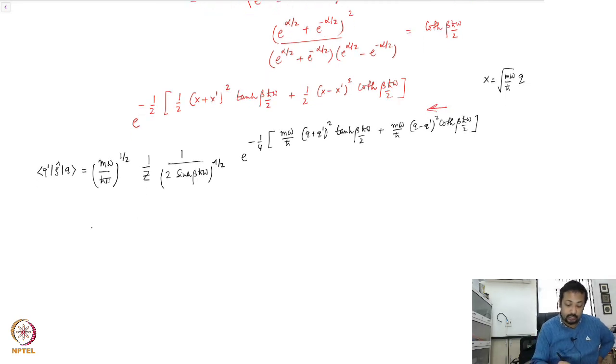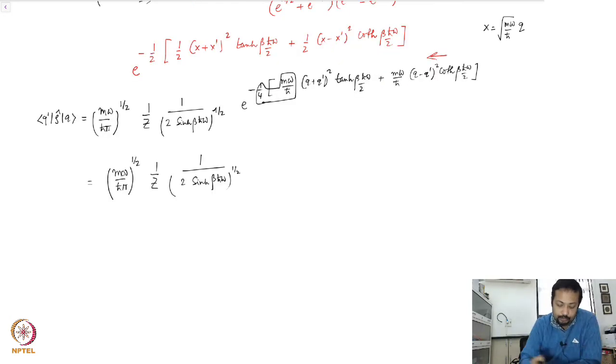So that I have (m omega over h bar pi) raised to the power half, 1 over z, 1 over 2 sinh beta h bar omega, raised to the power half. Let's see if we can simplify this.